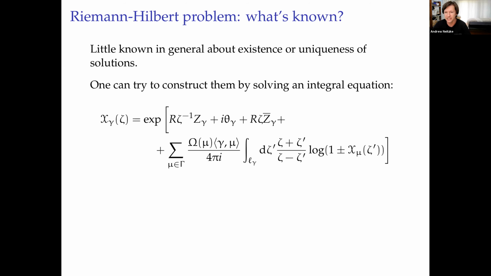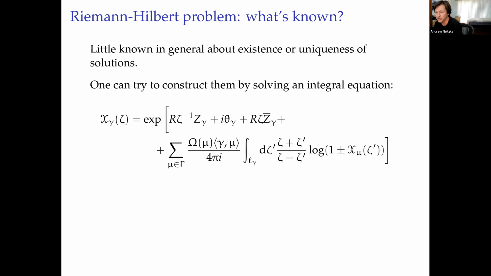In examples, at least, you can try. There is a recipe for constructing solutions where you write down an integral equation. I wrote this integral equation here, which just involves the data. You see the x gammas appear on both the right side and the left side of this equation, so it's really an integral equation, not an integral formula. That integral over L gamma should say integral over L mu.